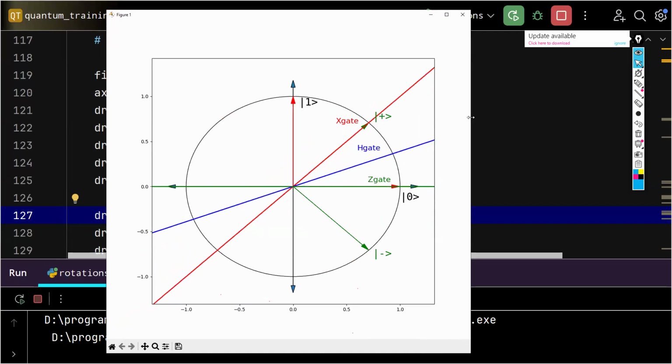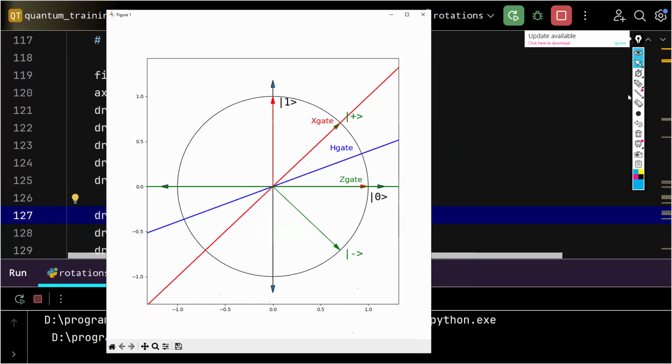So recall our reflections. The X gate could be said to be reflection over y equals x, right? So this is the X gate. And this makes sense since 0 turns directly into 1.